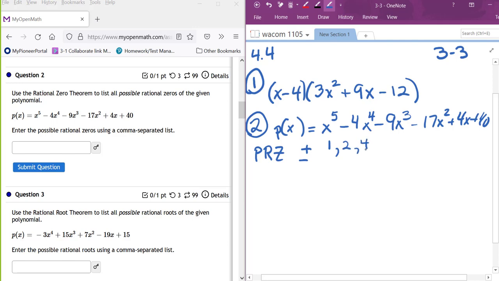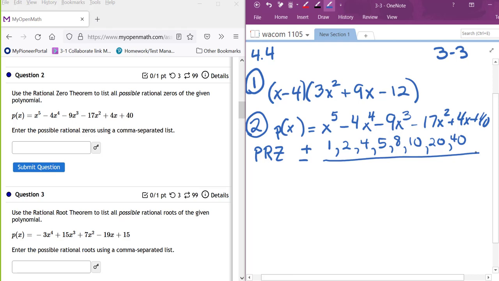We have 4, 5 does, 6 does not, 7 does not, 8, 9 does not because we don't have a 3, and 10, and this actually has turned over because 5 times 8 or 8 times 5, 10 times 4, and so the next one that's going to work is going to be 20 times your 2 and 40 times your 1.